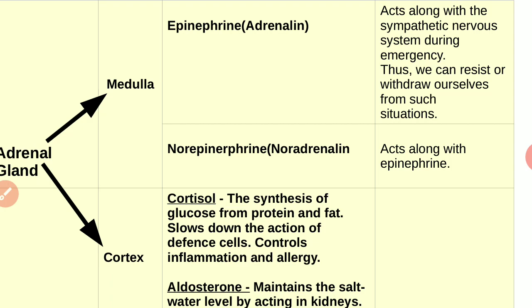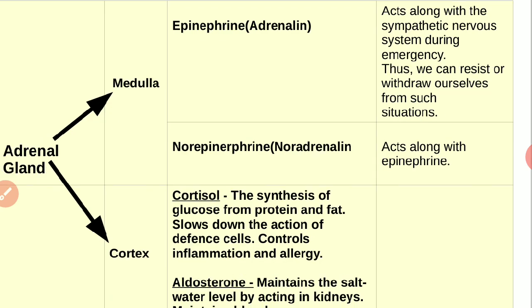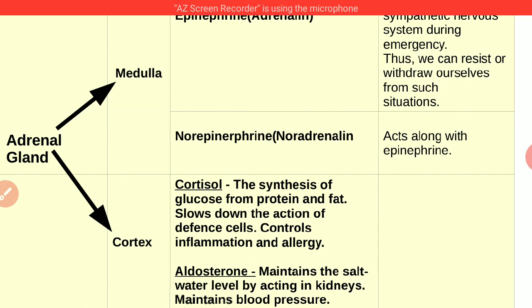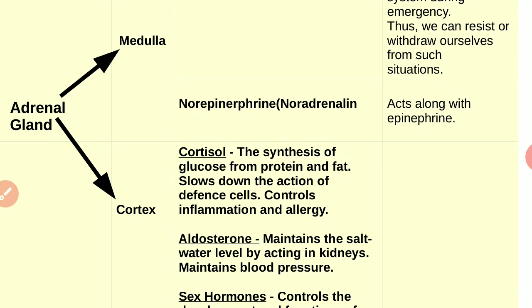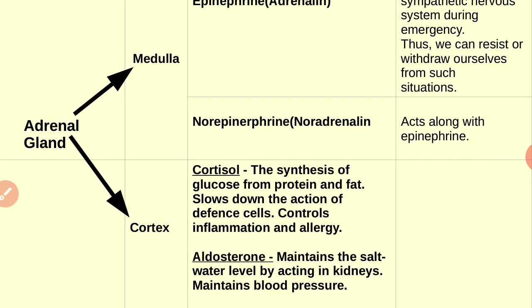When epinephrine helps to increase the heartbeat, norepinephrine helps to make it normal again. After the heartbeat increases, it should become normal. This will be done by norepinephrine. This is an emergency hormone also. These are the two important hormones produced by the medulla.